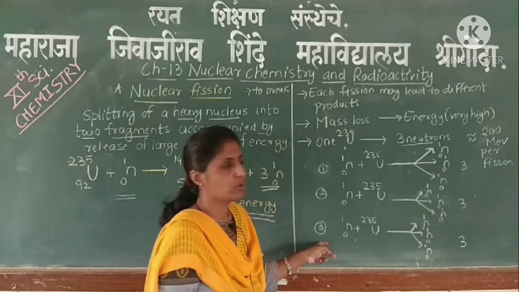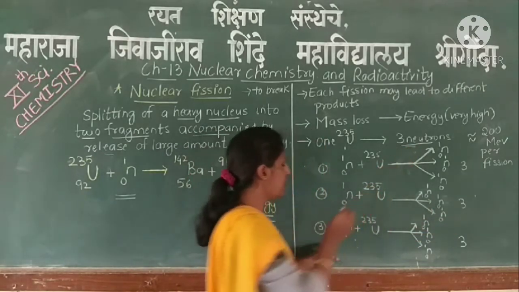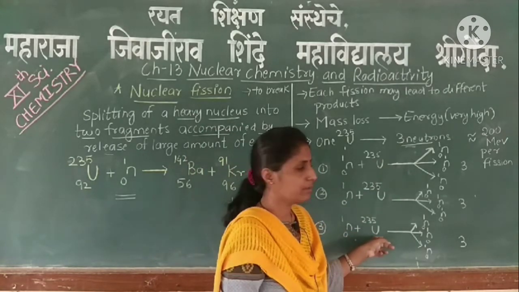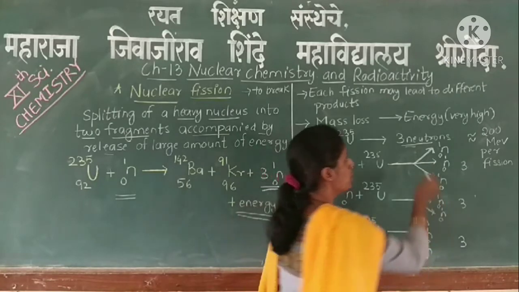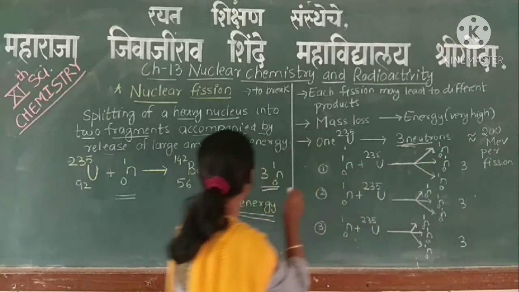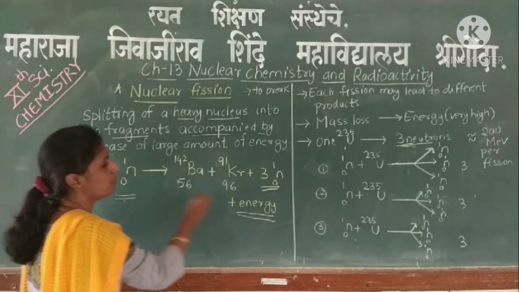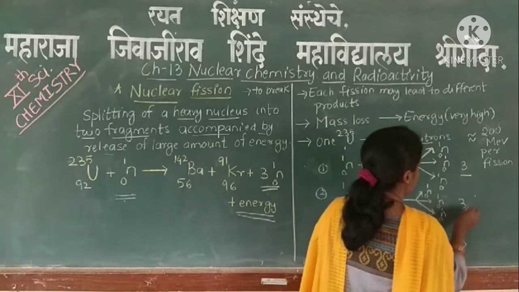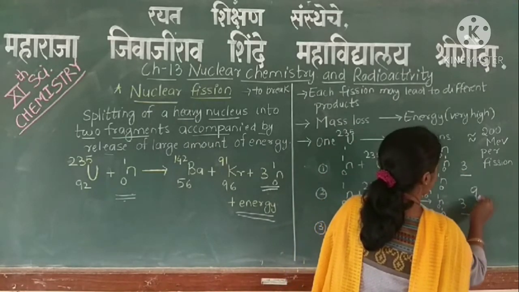And the last one will again break another nucleus of uranium, and again you will get 3 neutrons. So here each neutron gave 3 neutrons, and these 3 neutrons are further giving rise to how many neutrons? 9 neutrons.